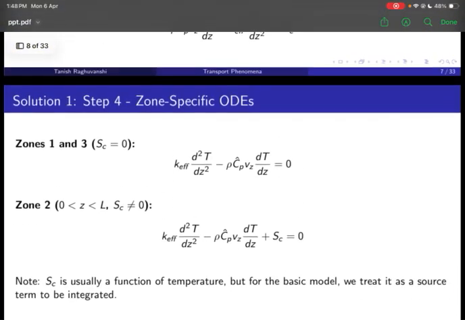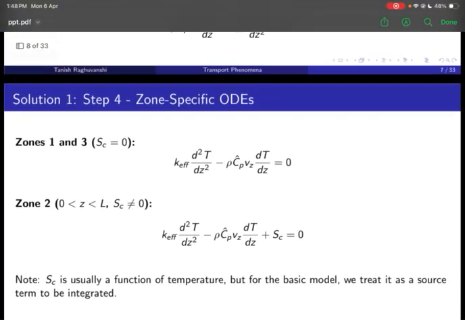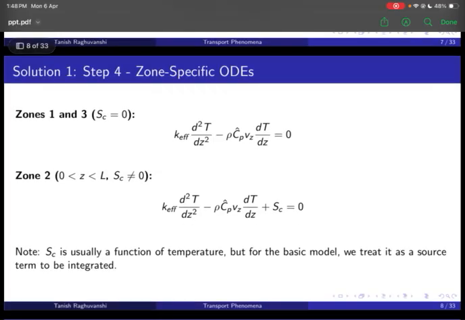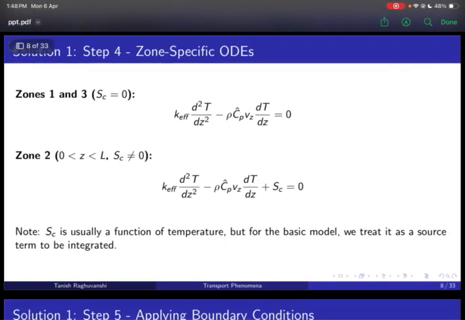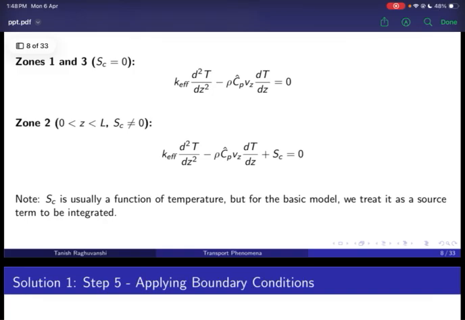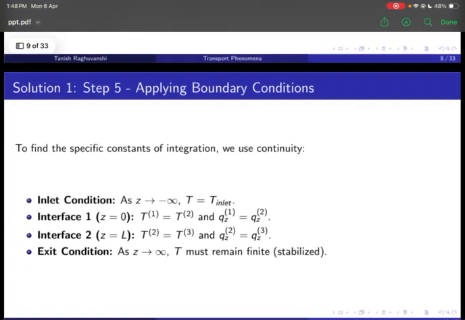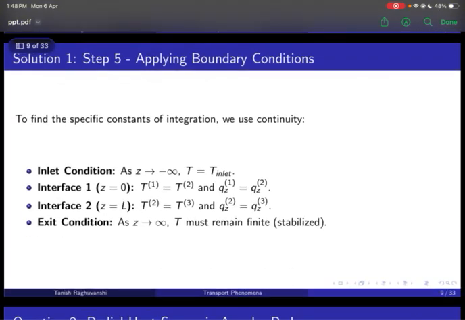For zones 1 and 3, since there are no catalysts, there are no active zones, so SC will be 0, and for zone 2, SC will not be equal to 0. Usually it is a function of temperature, but for the basic model we treat it as a source term to be integrated as well. So now we apply these boundary conditions.